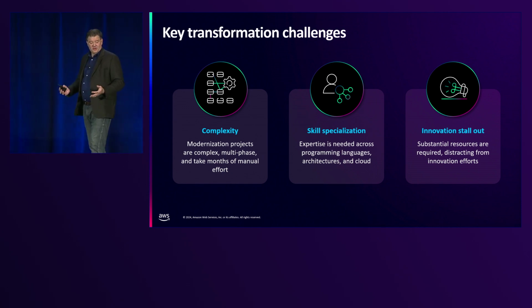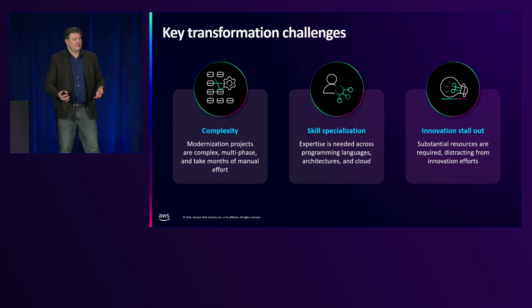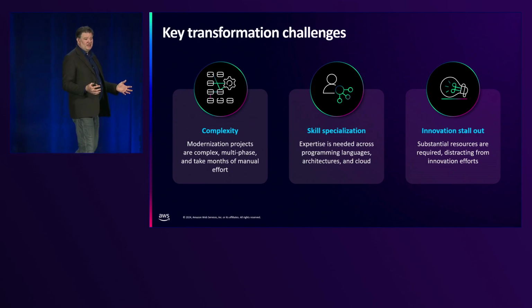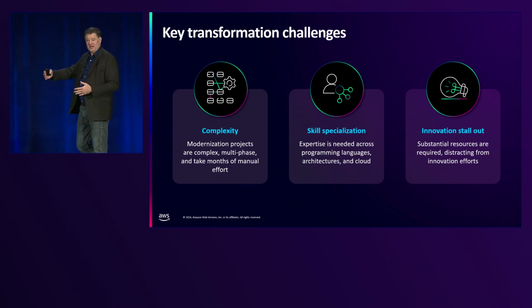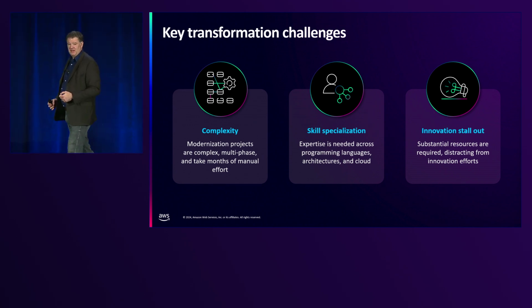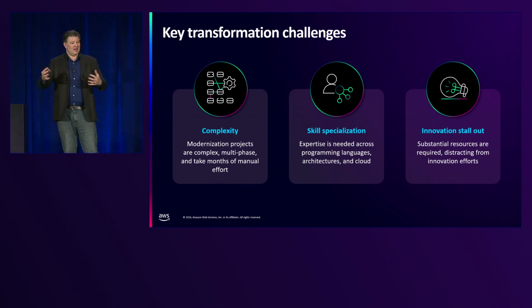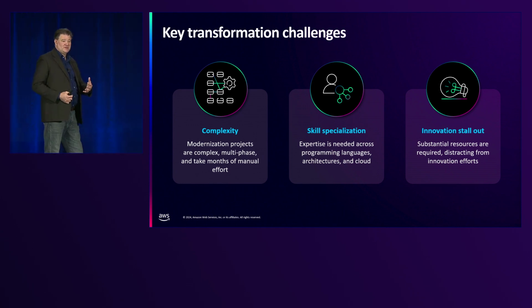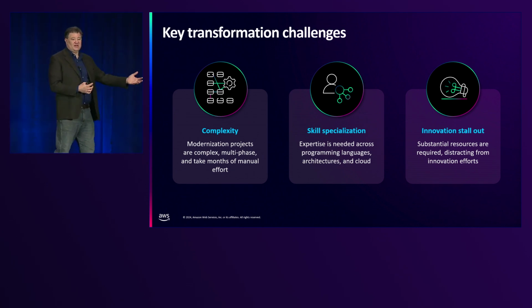The third type of challenge that businesses face when they're doing this work is the innovation stall-out. These projects are sometimes large, and they require quite a few people from across your organization to help work on them. And they generally run for quite a long time. They can run for months, sometimes years. And so I'm definitely making trade-offs against other strategic initiatives across the business by dedicating people to this project, and that's the innovation stall-out. Right?